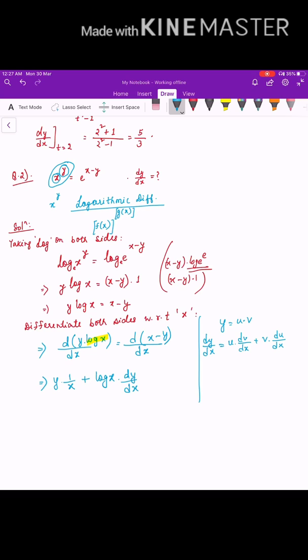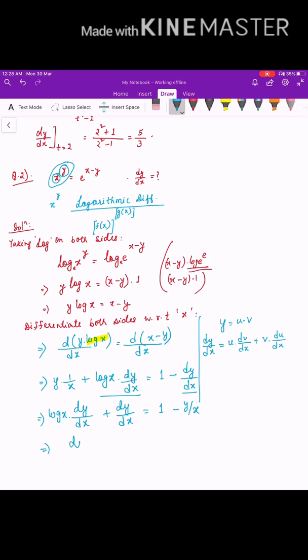So it will be dy by dx is equal to, first I have to differentiate x with respect to x, so 1, minus I have to differentiate y with respect to x. Clear? Now all the terms containing dy by dx on the left hand side, so the second term on the right hand side, rest all the terms on the right hand side.